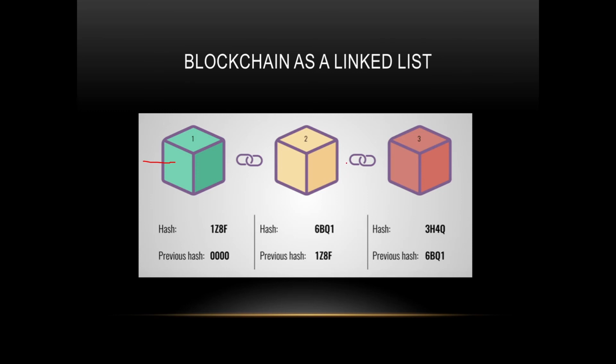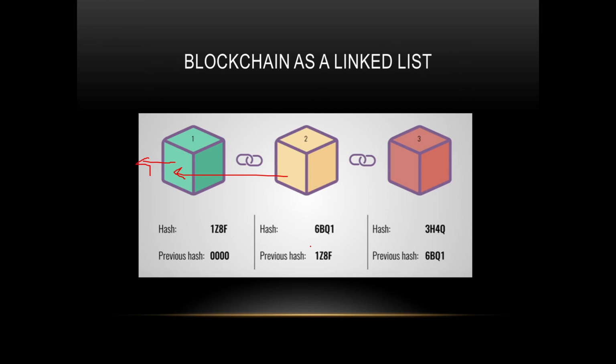This one is 0000 because it is not connected to anything before it. It is the starting block, known as the genesis block. This one has the previous address of this hash. So this block points to the address of this, so this directly points to this block.